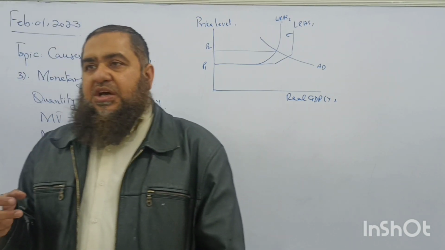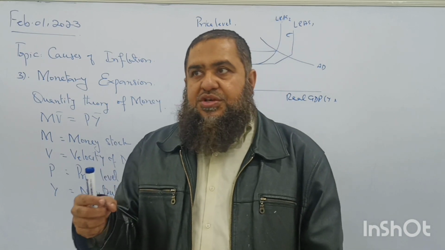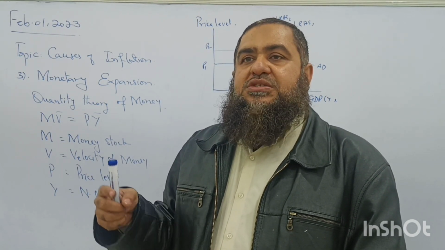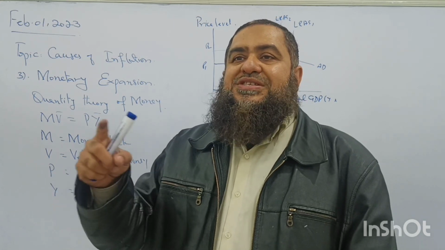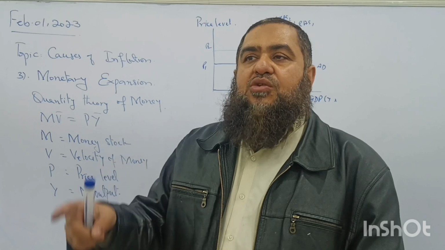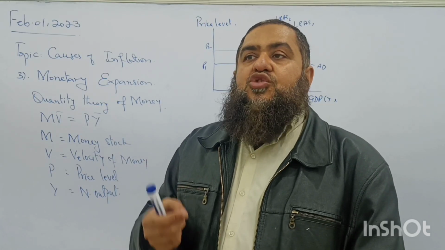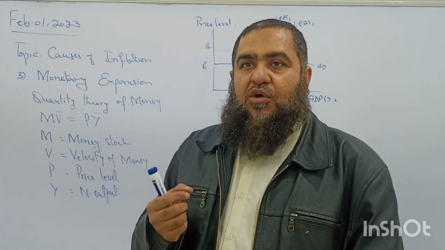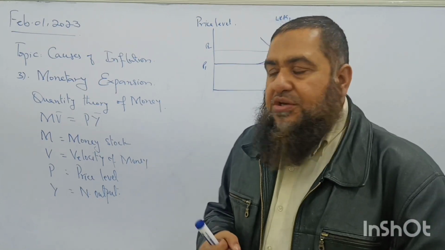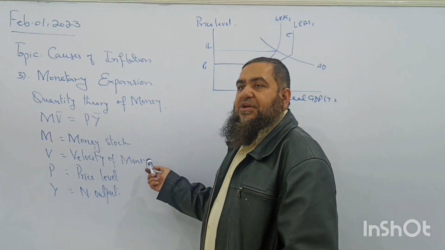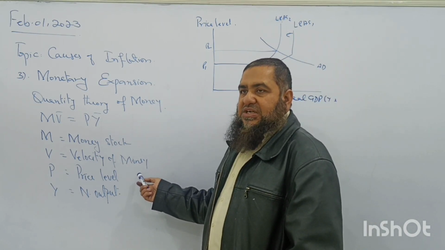The bakery owner will use the same note to pay wages to his worker. So the same 1000 rupee note is circulating in the economy to buy the goods and services produced in the country.